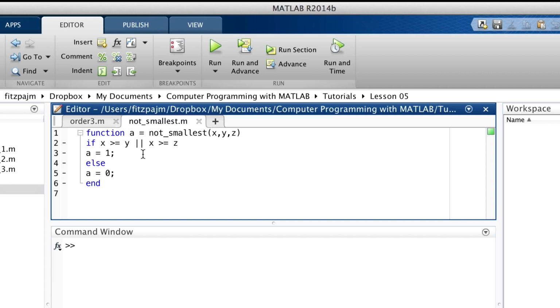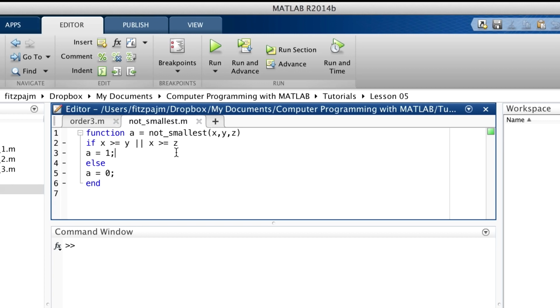In this example, the first operand right here is the relational operation x >= y. And the second operand is the relational operation x >= z. In English, this condition reads x greater than or equal to y or x greater than or equal to z.